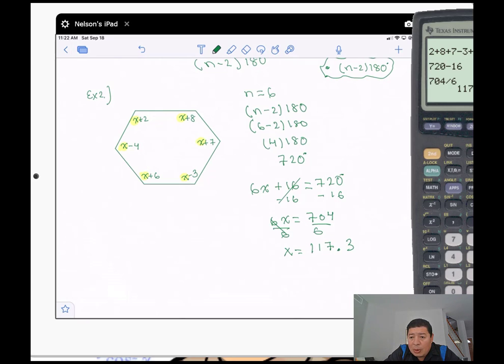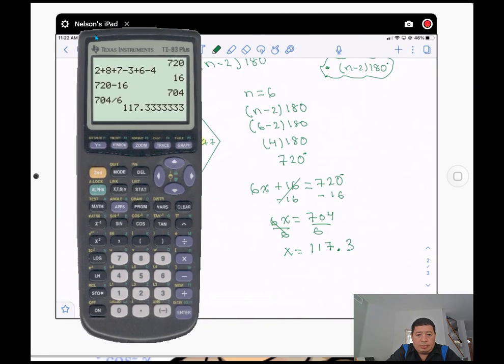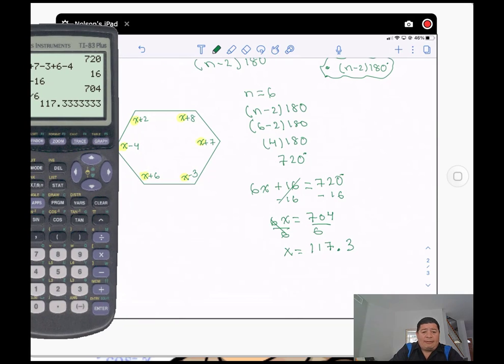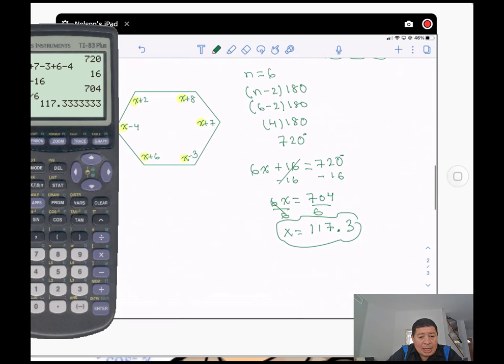I'm only going to go to the first decimal place. All that is left for me to do is to take that 117.3 and substitute it in for the value of x.